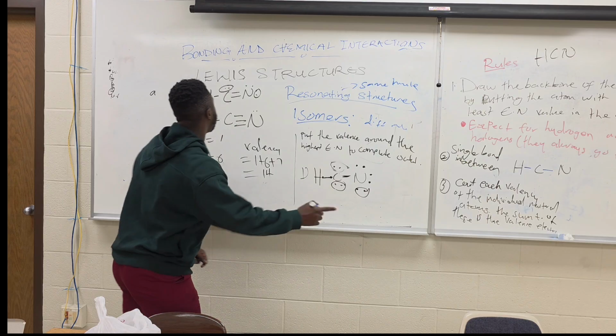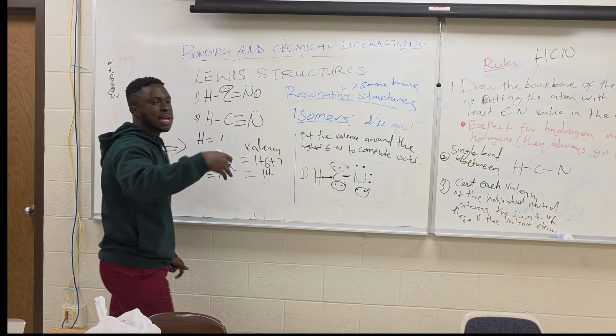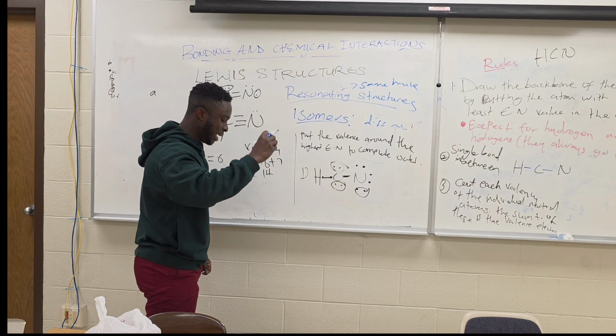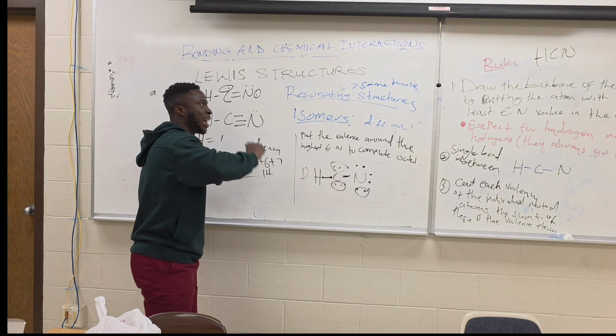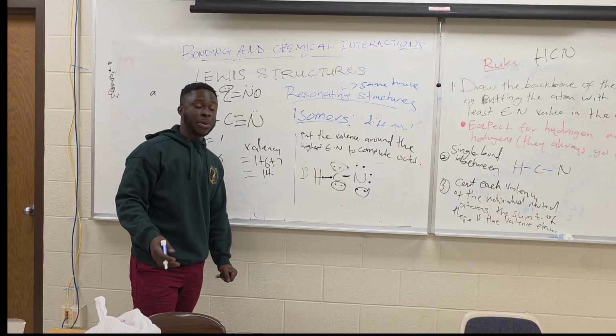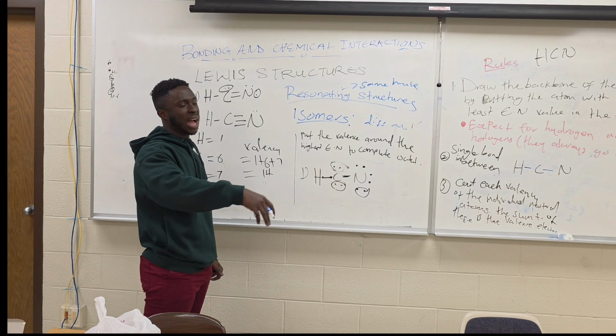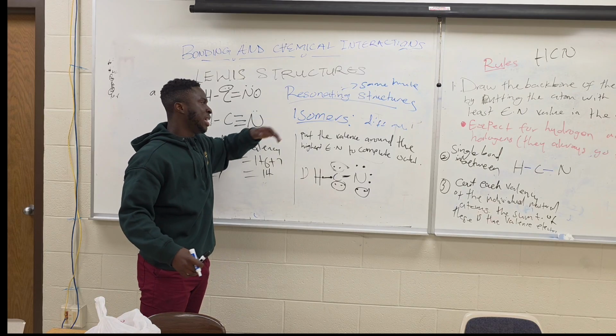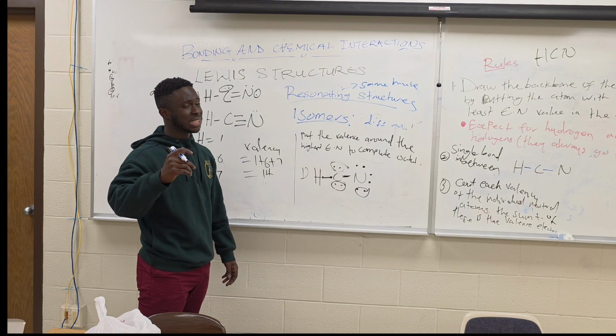Now, hydrogen cyanide, as we do here, in real life, the structure of hydrogen cyanide is anywhere in between these three resonating structures. Just like when we did isotopes, where we said it's the weighted average, the same thing applies to resonating structures. It's the weighted average, weighted toward whichever structure is more stable.